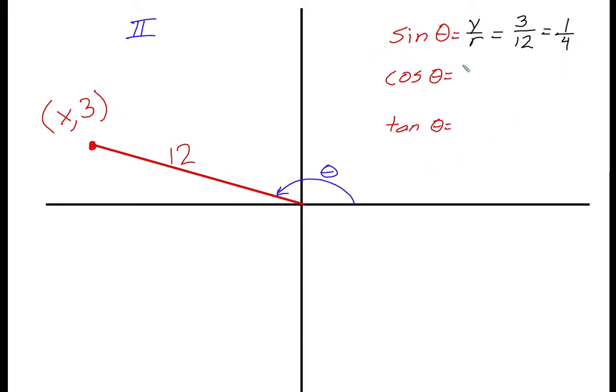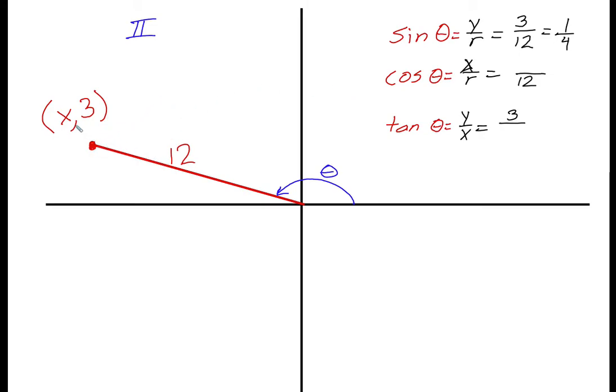Cosine is x over r. I know r, but I don't know x, so I've got to figure that out before I can finish that one off. Tangent is y over x. I know y, but again, I'm left not knowing what x is. So let's figure out what x is.